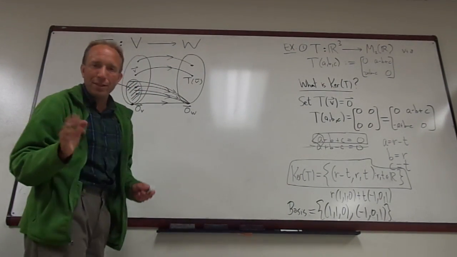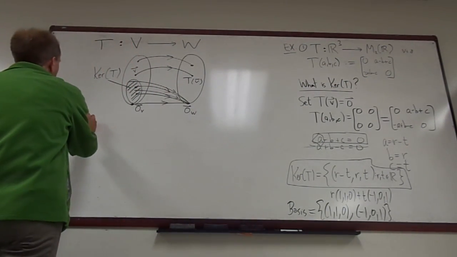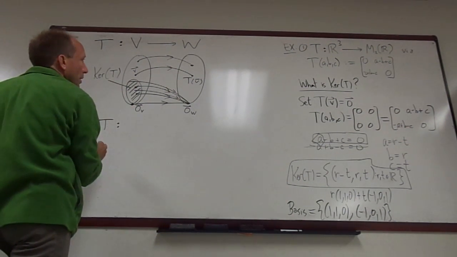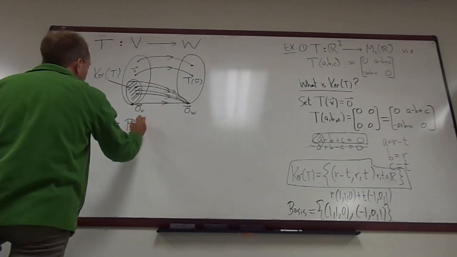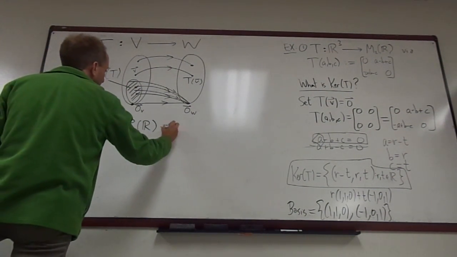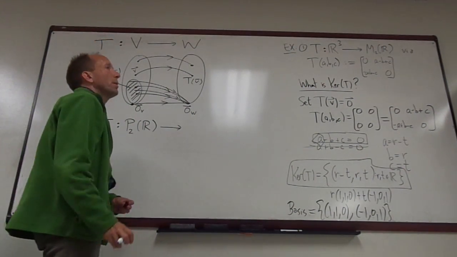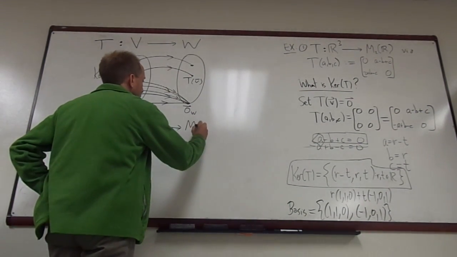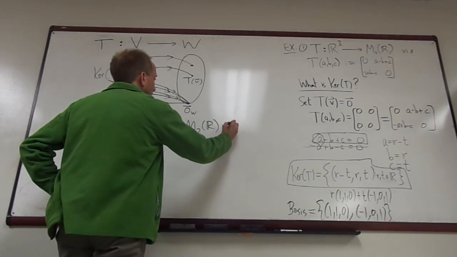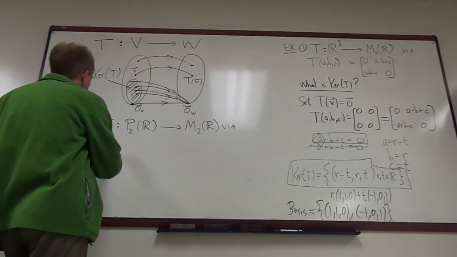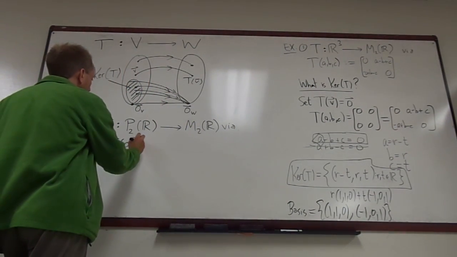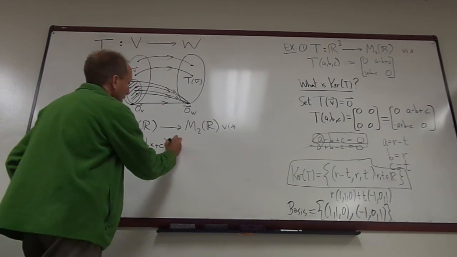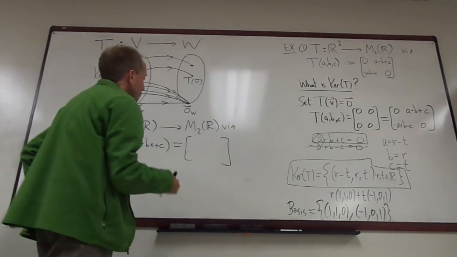Okay, let's try another example just to practice this a little bit more. Let's suppose we take T to go from P2 of R to, if I want to use polynomials, let's map it to M2 of R. I can use this one again. This time I'm going to take T of ax squared plus bx plus c as my input, and I'm going to map it to a 2 by 2 matrix.